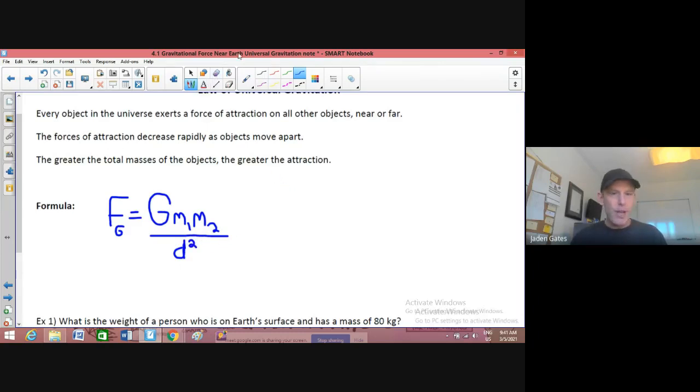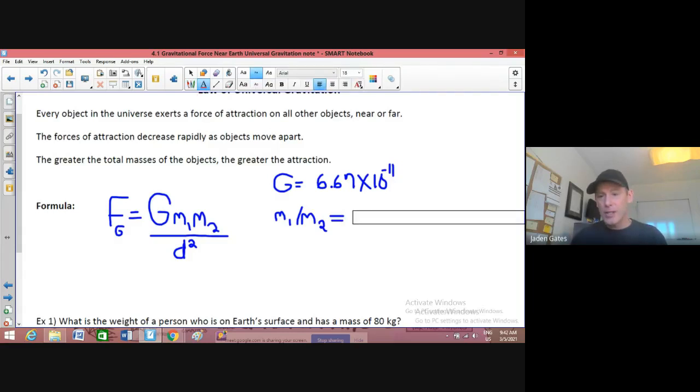Well, first off, this big G is the universal gravitation constant, which is 6.67 times 10 to the negative 11. All right, M1 and M2, because we're talking about the attraction between two objects, those are, in fact, just the masses of the two objects.